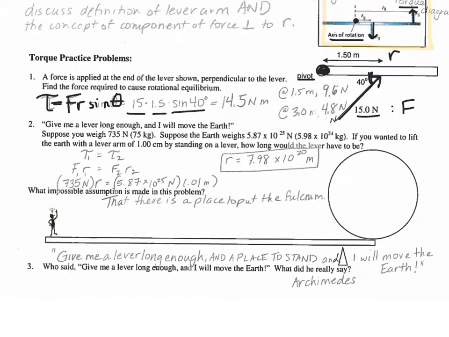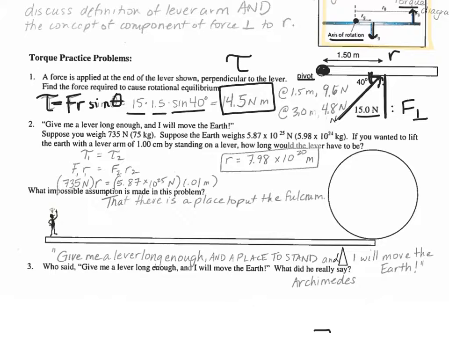Notice that the sine of 40 degrees would give me this vertical value, this component of the force that is perpendicular to the lever. And when I multiply that out, I get 14.5 Newton meters. So that's how much torque there is.